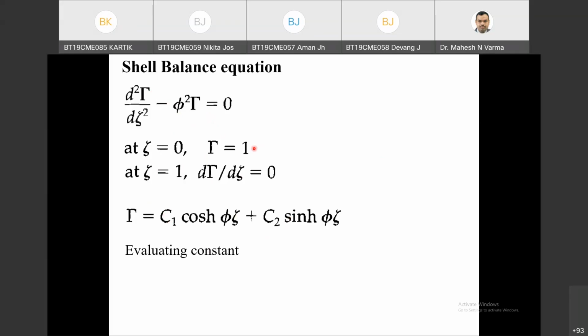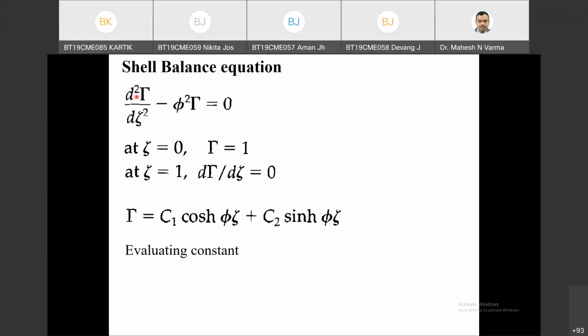This is all something you have studied in mathematics; you will be directly using it. So getting the equation up to this point is transport phenomena, and hereafter it is mathematics. If I gave all the detail from here to here, it would take a couple of classes, because I would need to cover all types of differential equations, second order linear with constant and without constant, the nature of the constant, and the nature of the boundary conditions, based on which the solution will vary.